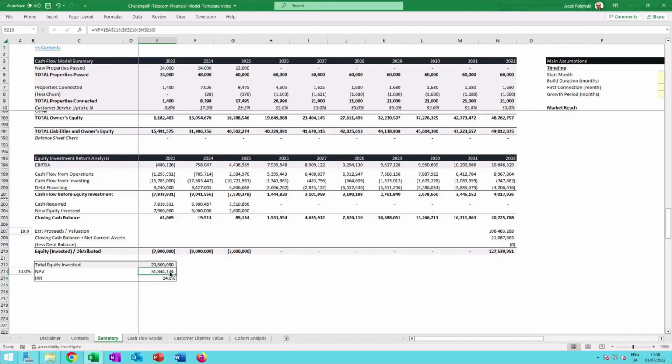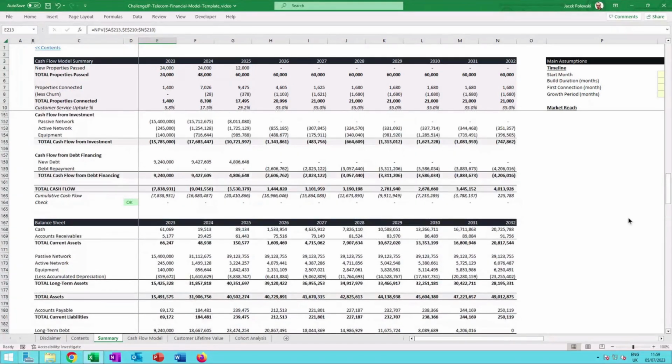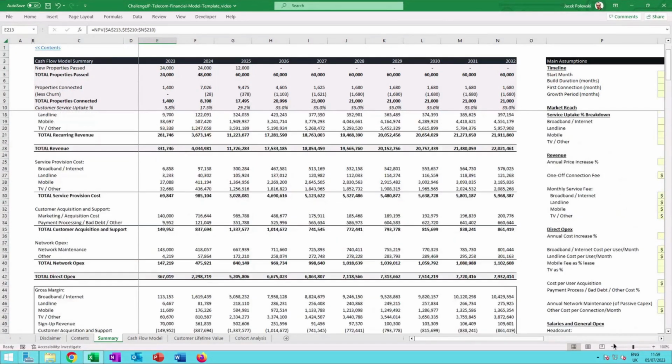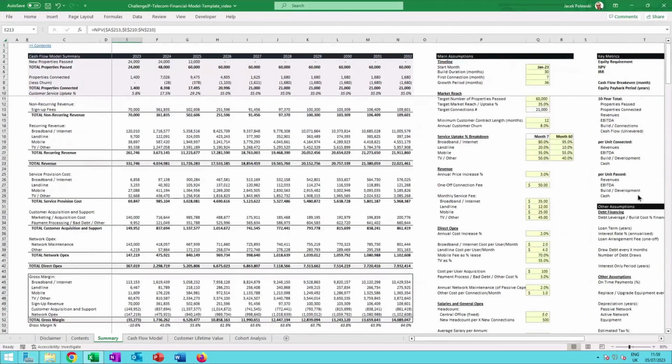The NPV calculation is similar. The formula takes similar inputs, but it also takes into consideration a discount rate.